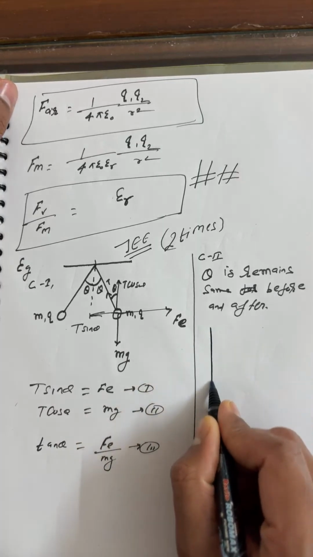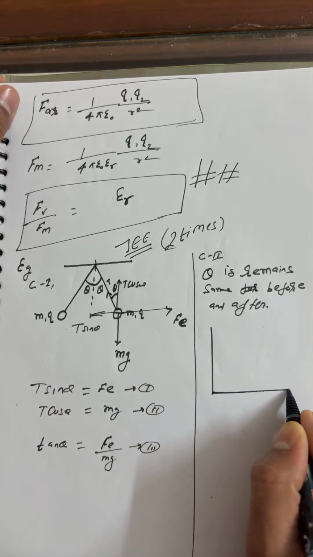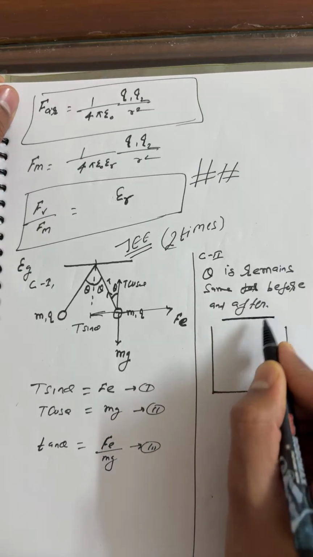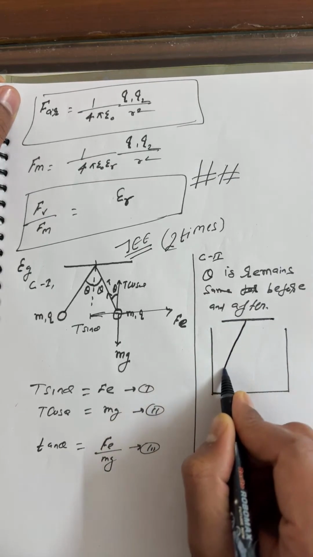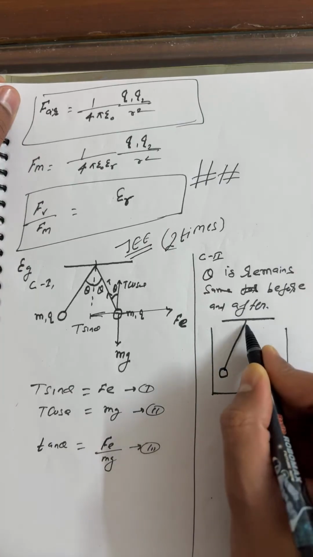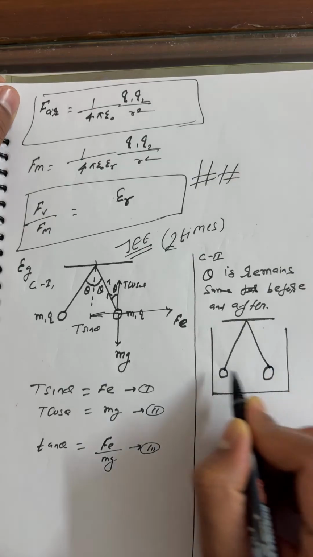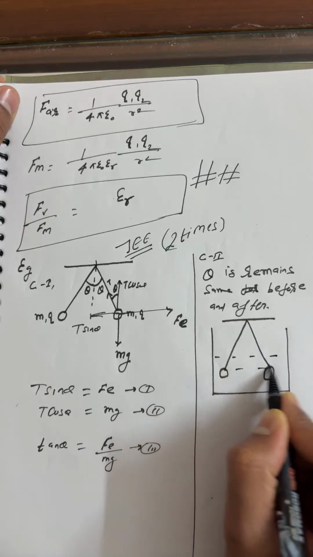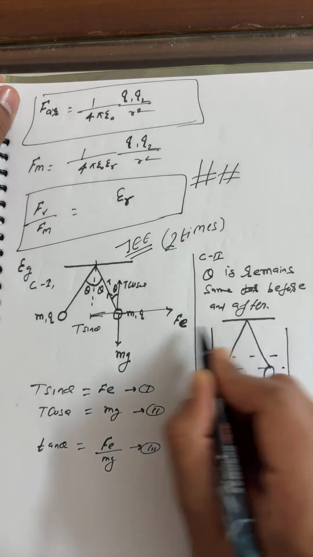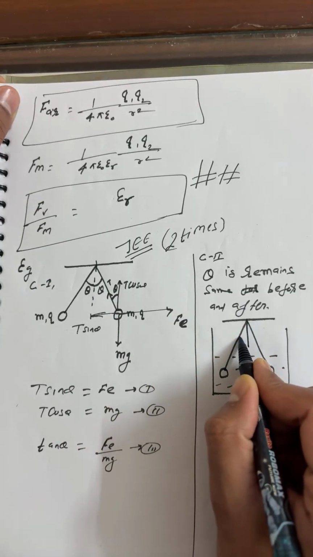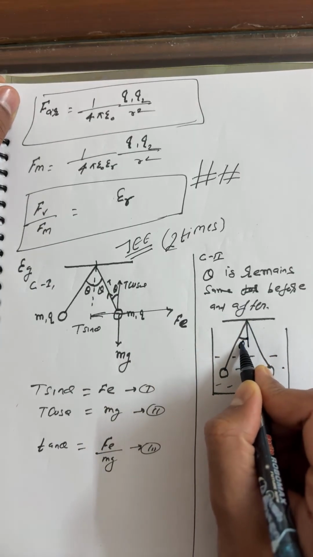So this is basically the container, and this is the setup of the pendulum. Now you are dipping the entire setup in water. But there is one point: theta remains the same, which is the angle the pendulum makes from the vertical.